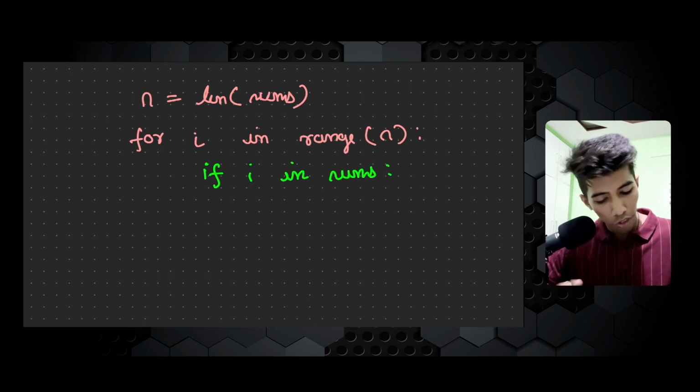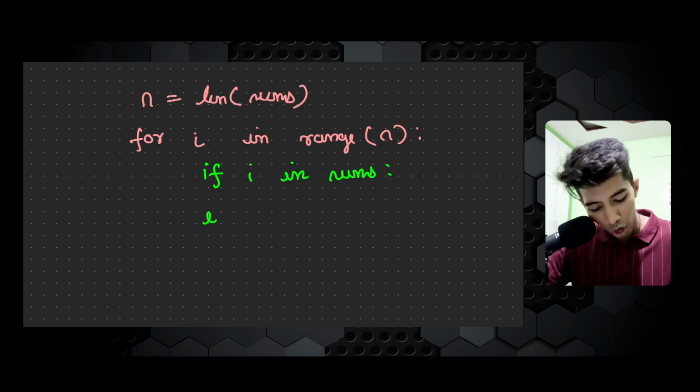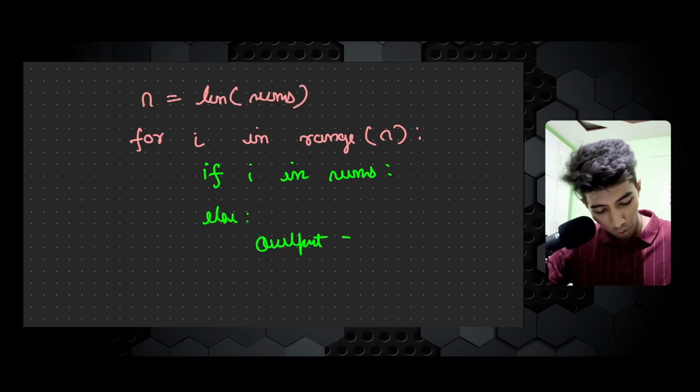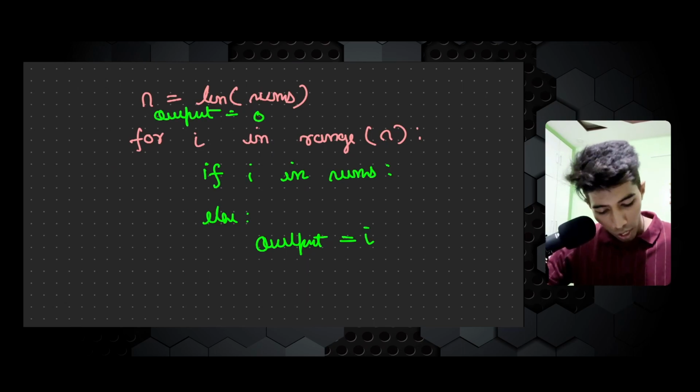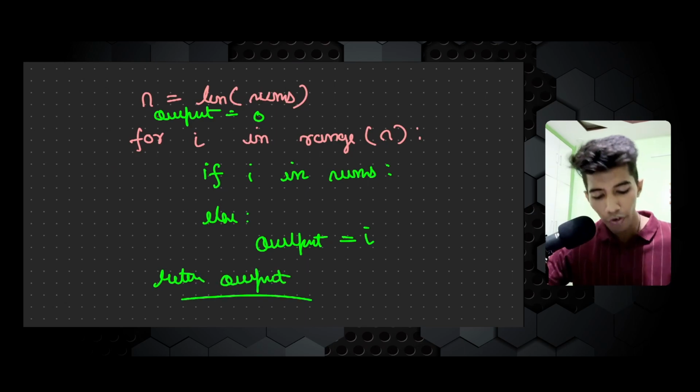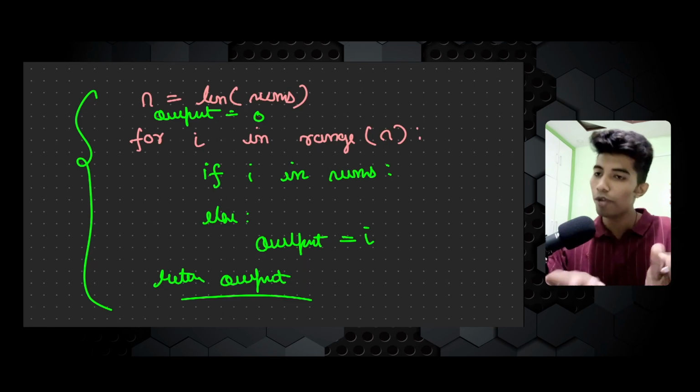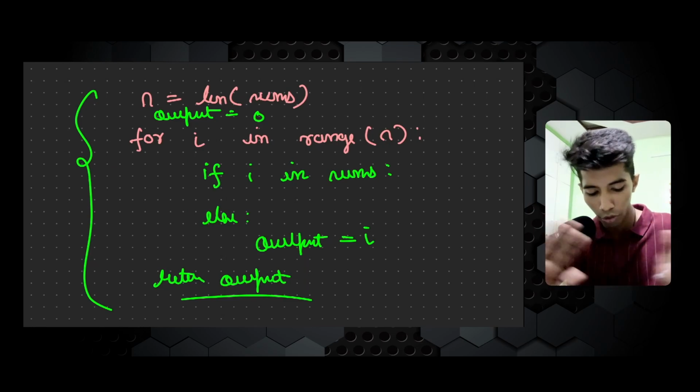If it is present, you have to do nothing. But if this i is not in nums, then the output will be i. I have declared one output variable which is 0, and then I will just return my output. This is the first way of looking at this problem, and using this code you will get an easy solution.